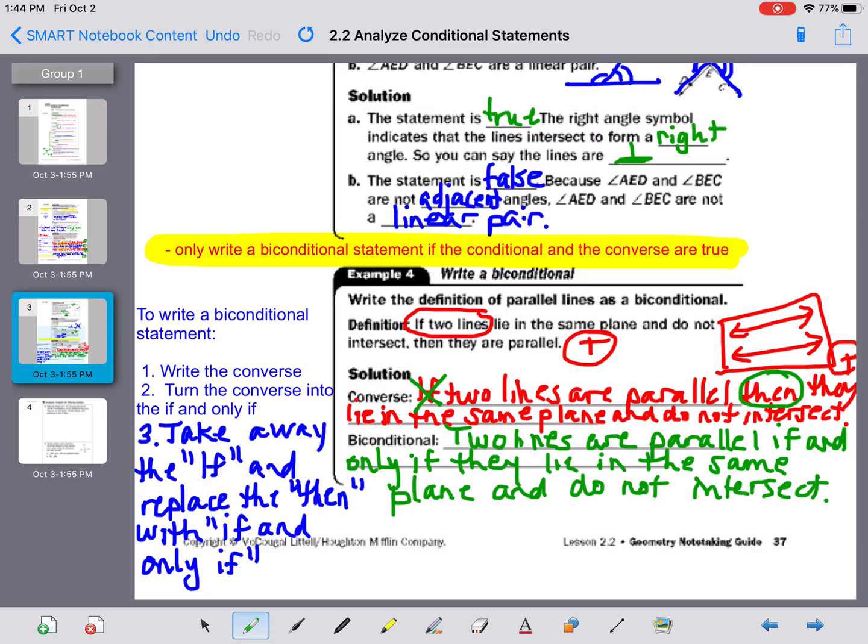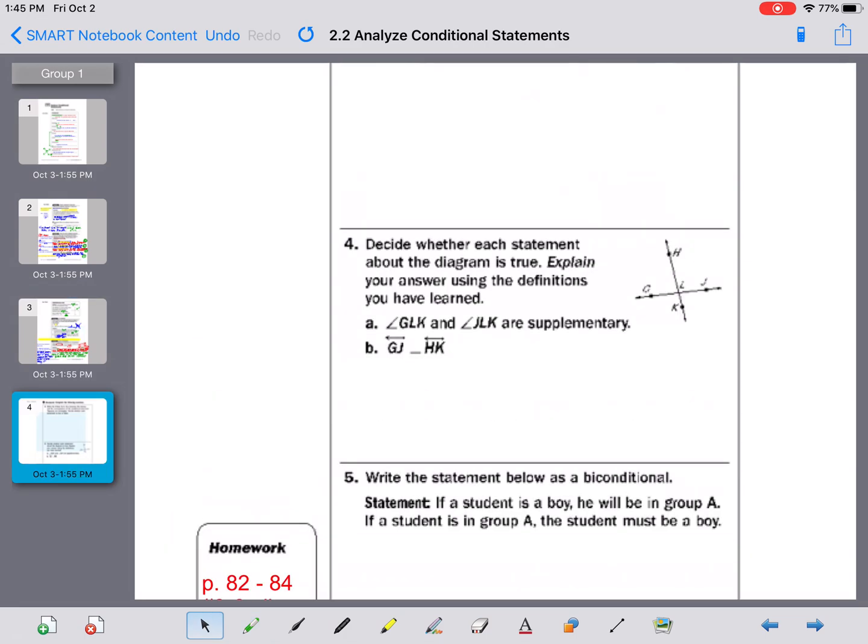Okay, so take away the if and replace the then with if and only if, okay? You don't have to think of new wording, you just pull from that other converse sentence and you go from there, okay? All right, fourth page, fourth and final for today, right?